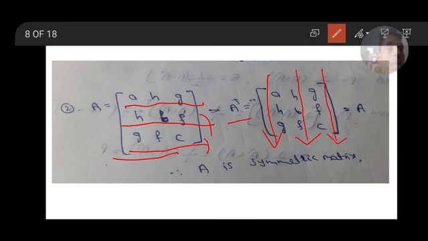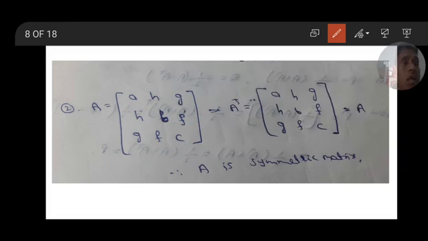So it is A, H, G; H, B, F; G, F, C. Both matrices are equal, A transpose equals A. Therefore, this matrix is a symmetric matrix.